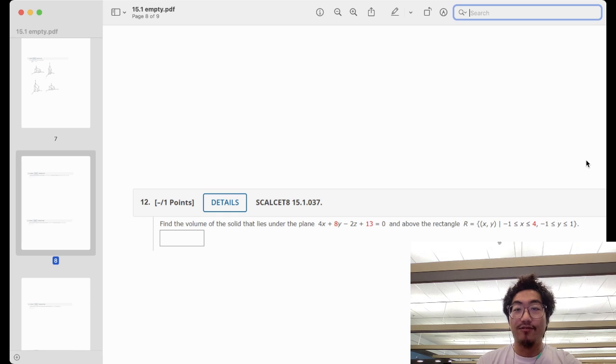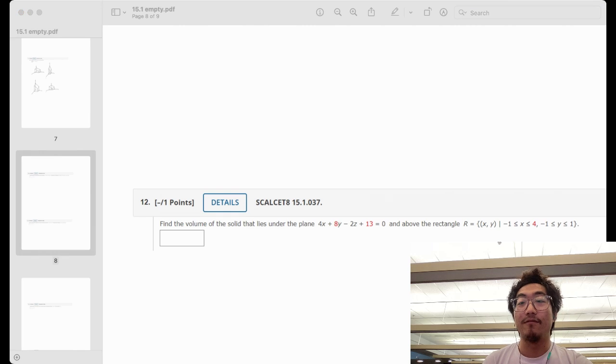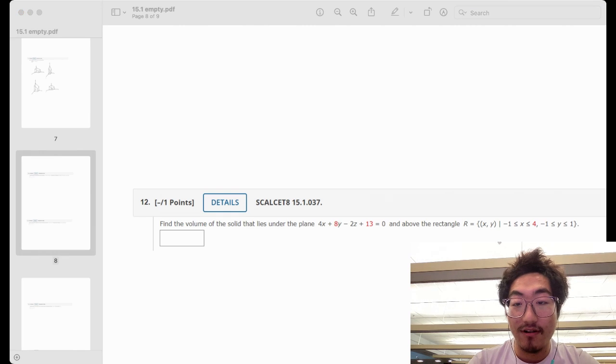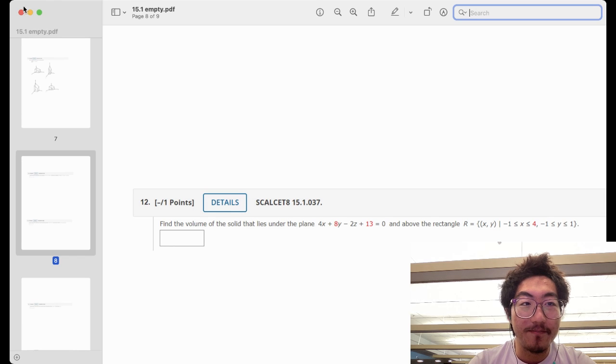So what I'm going to do is give a basic overview of double integrals here. How do you solve double integrals? This is chapter 15.1.